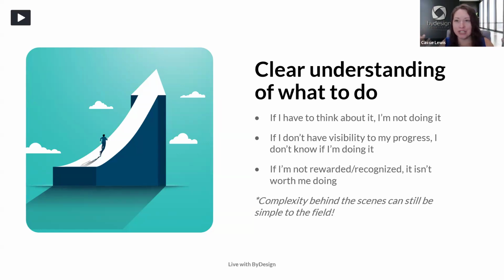So how do you achieve both of those things? Well, the answer is that behind the scenes, you can have multiple bonus types, multiple rep types, multiple moving parts. But for every individual rep in your organization, they only focus on the ones that apply to them.